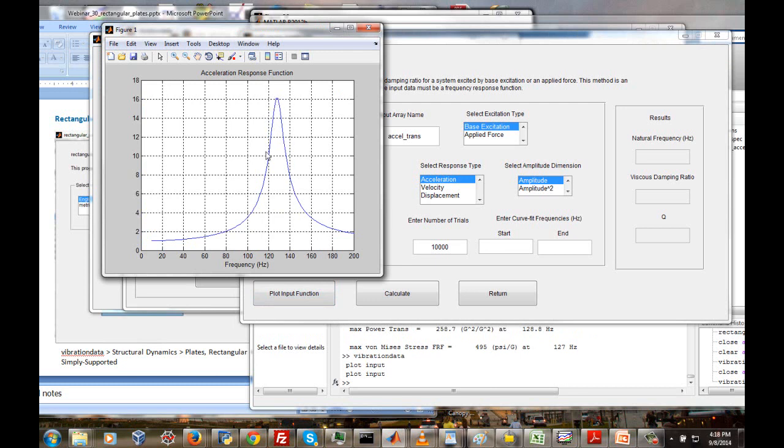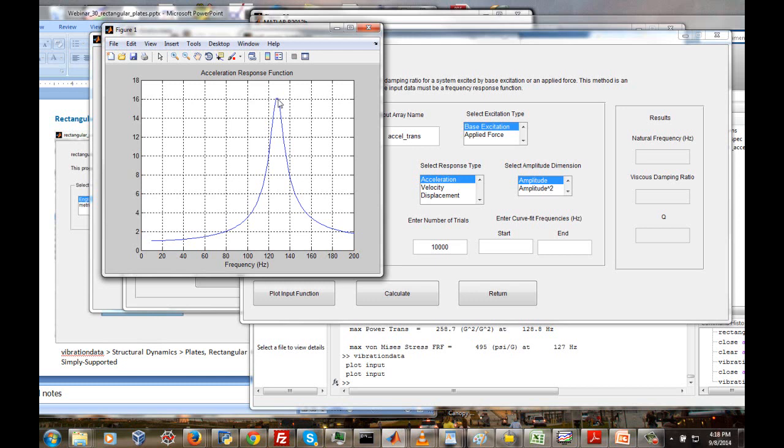Now, before, when we had a spring mass system, we learned that we could pick off the Q value from the peak. This peak would correspond to resonant excitation. So if a spring mass system is subjected to a resonant excitation, then its peak response value is the Q. Well, in this case, we have a Q value equal to 10, but we don't have a spring mass system.